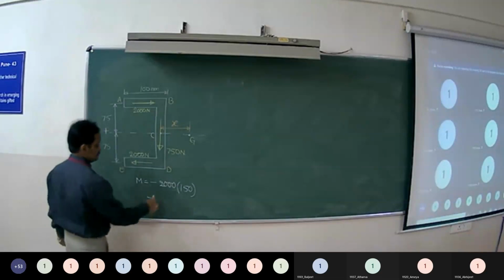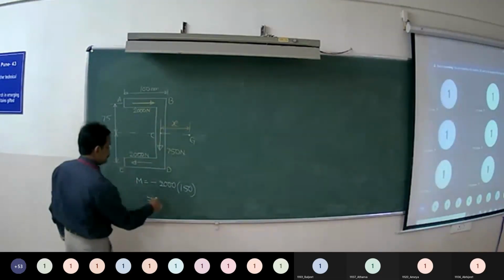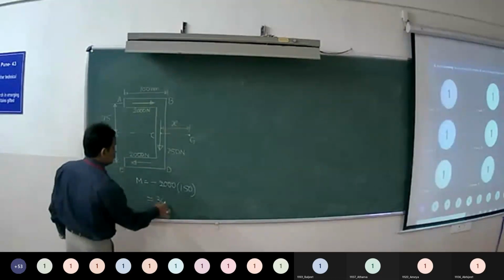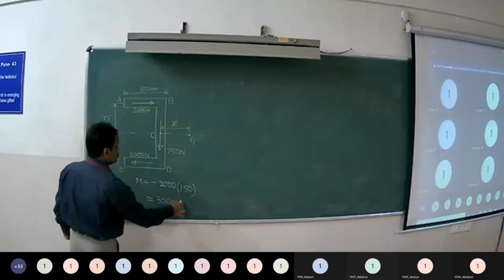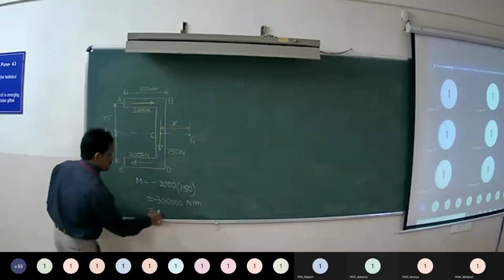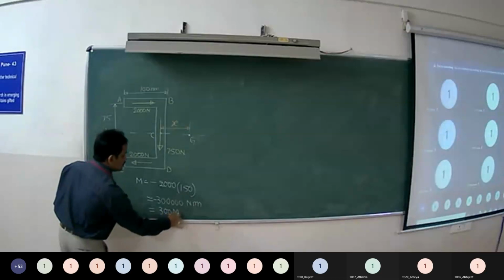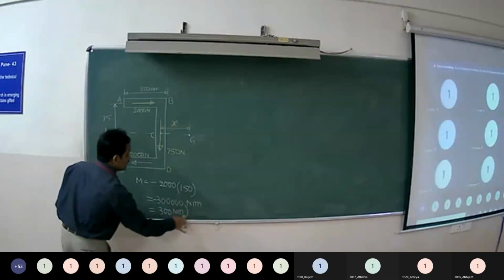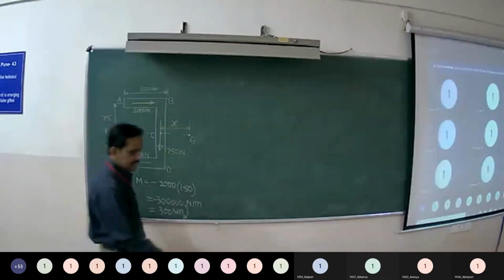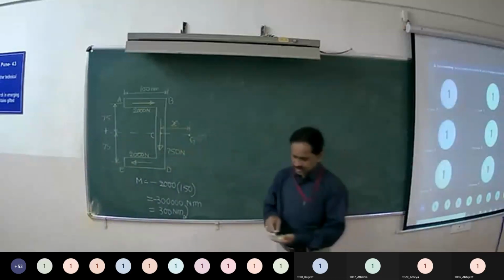So it is 2000 into 150 millimeter, that means it is 300 Newton meter clockwise. Right? 300 Newton meter clockwise.